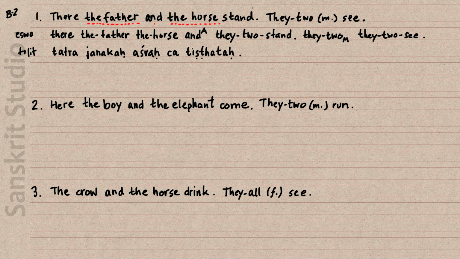And end of first sentence there, and we should use a semicolon on the transliteration line to demonstrate that we know what we're doing. And then we have tam, and that is tau, the pronoun tau, the masculine version of a third person dual, and then they are seeing, so we have to use pashati, but for dual, pashataha.